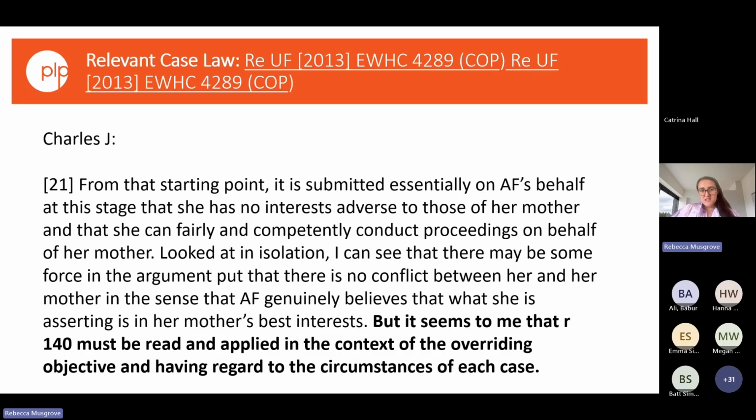So we then come on to 2013, in a case called Re UF. Mr Justice Charles talks about, from that starting point, the submission made on AF's behalf that they've got no interest adverse to those of her mother. You will all probably have encountered cases where, for example, someone has been a deputy for health and welfare, possibly even property and affairs.